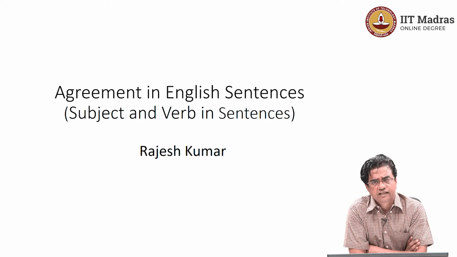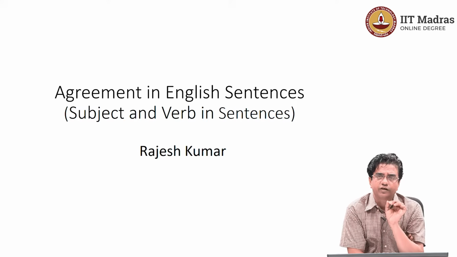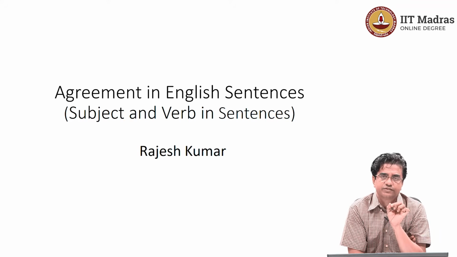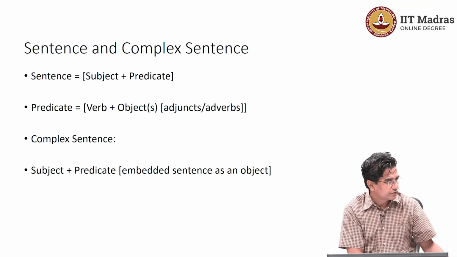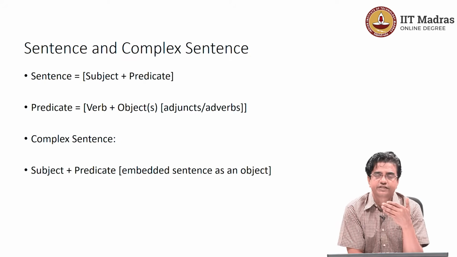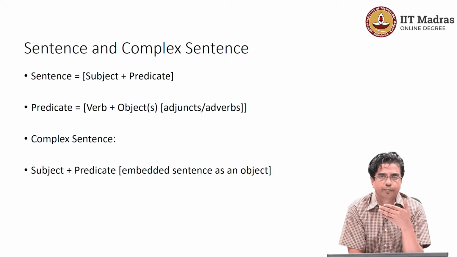That is, agreement happens to be very simple part in the sense that the two parts of the sentence, that is subject and the verb within the whole predicate, so basically verb, they need to match features. So let's look at it systematically and then we talk more about it.